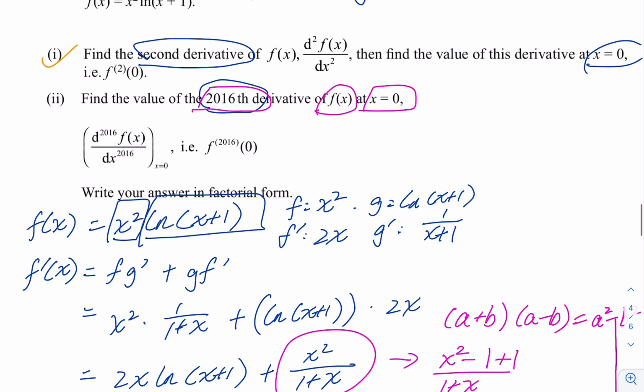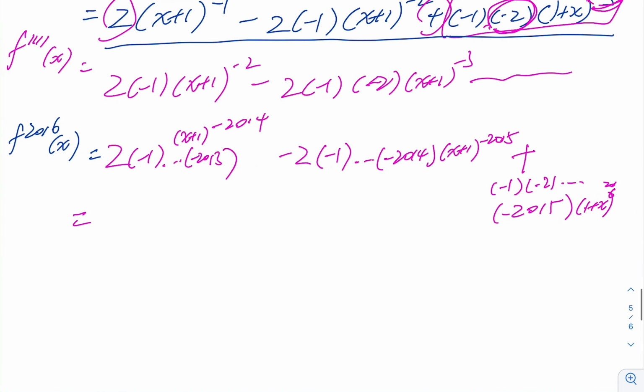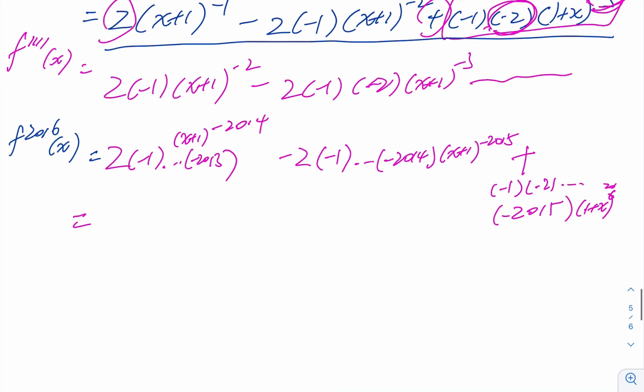When x equals 0, this is going to be 1, 1, 1. Does that make sense? Okay.